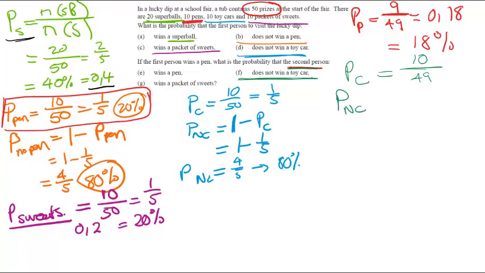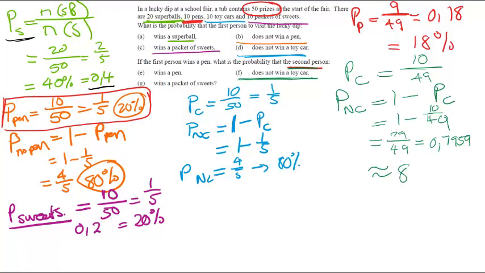The probability of not getting a car is 1 minus the probability of getting a car, which is 1 minus 10 over 49. And that gives us 39 over 49, which translates to 0.7959 as a decimal, or approximately 80%, if we do rounding off.